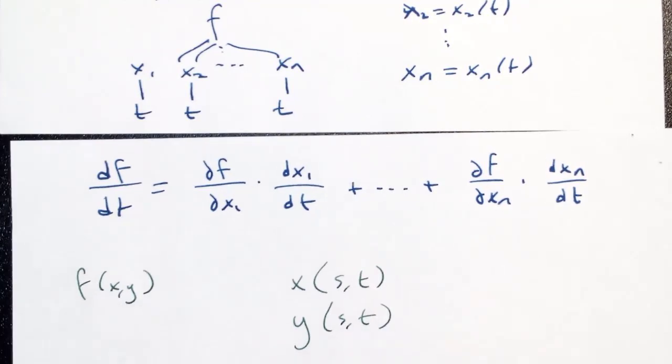What if instead of x of t and y of t, Nora, I give you x of s and t, y of s and t? You nasty mother, why would you do that to me?